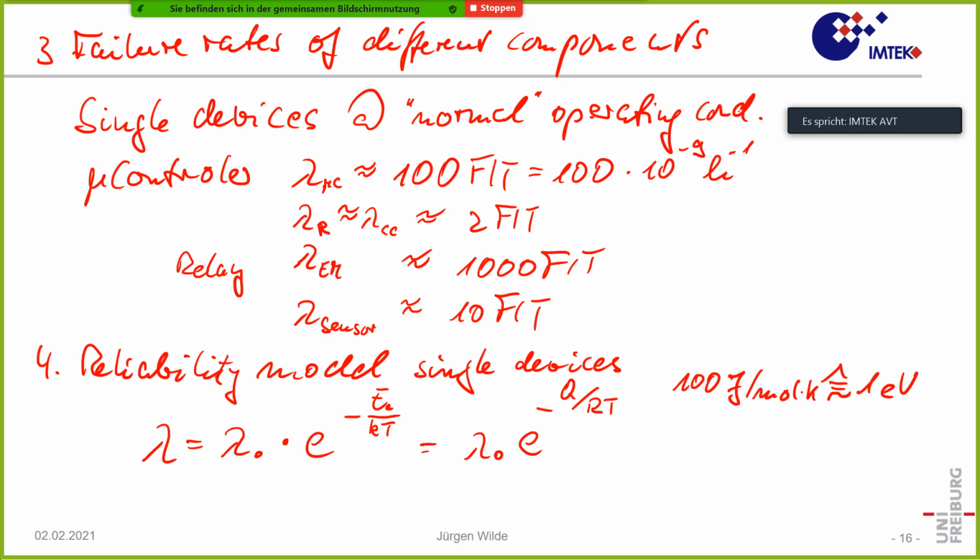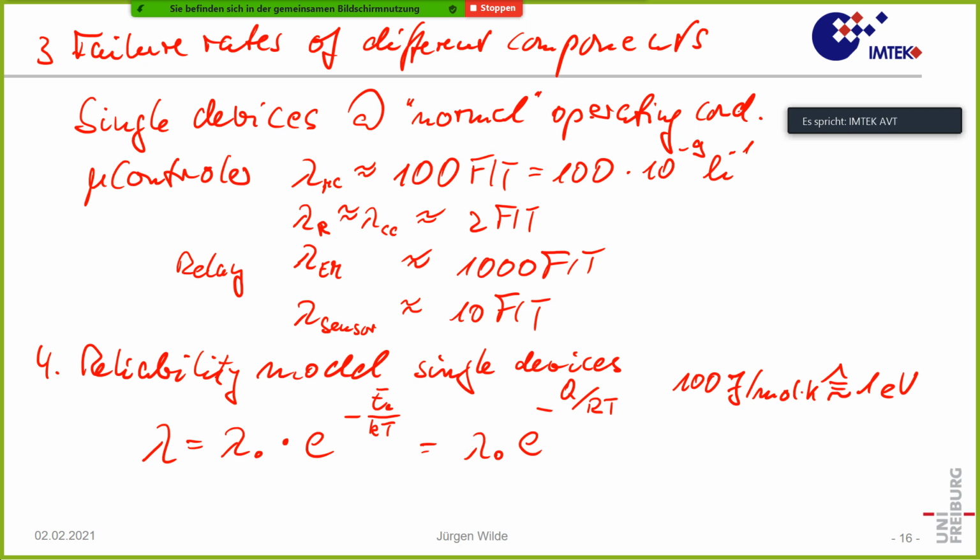And generally, we can say in many cases, especially when polymers are involved, that increasing temperature by 10 degree centigrade or Kelvin doubles the speed of a process, and it doubles the speed of a degradation process, for instance.